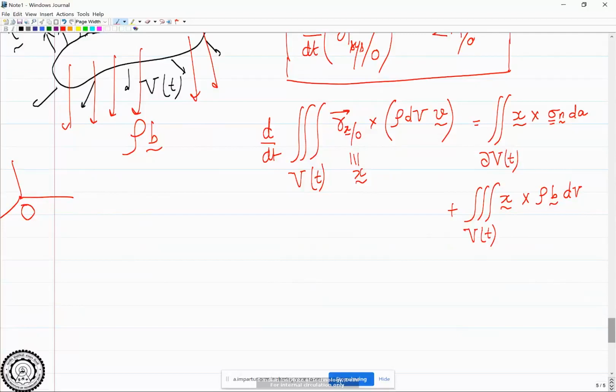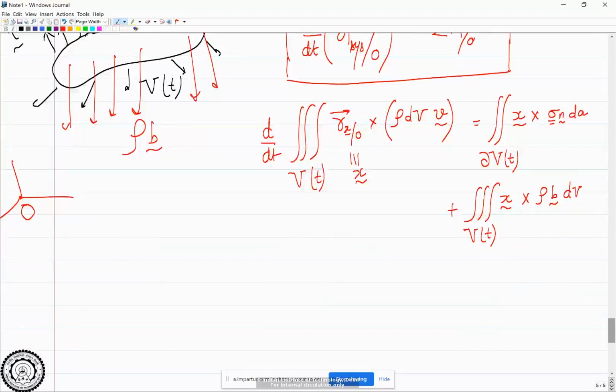Then, sir, it means that the body forces are different in the current and the reference? No, no, no, it's the same body force. It's just that you are expressing them in Lagrangian and Eulerian forms. Lagrangian and Eulerian forms are different, but it's the same body force.